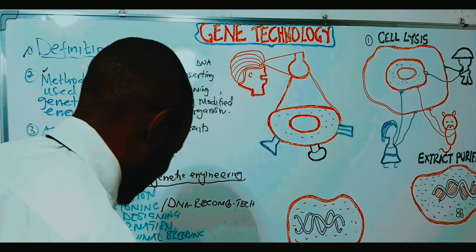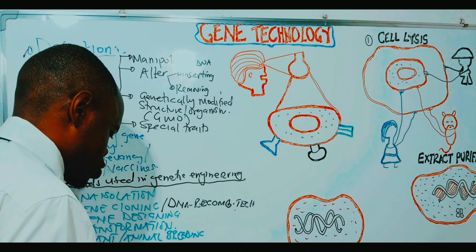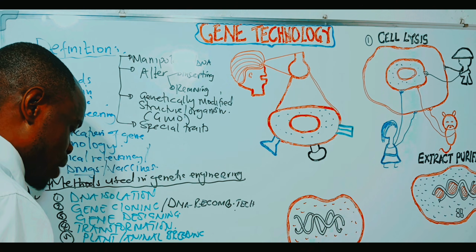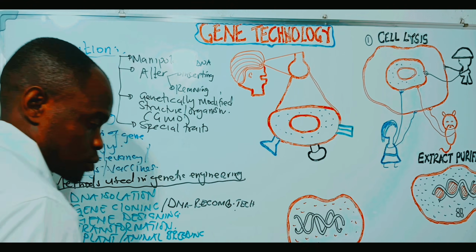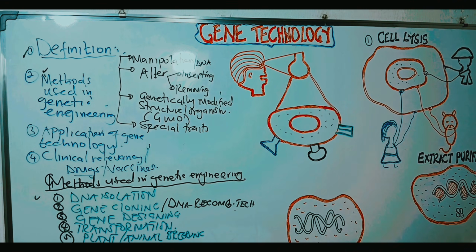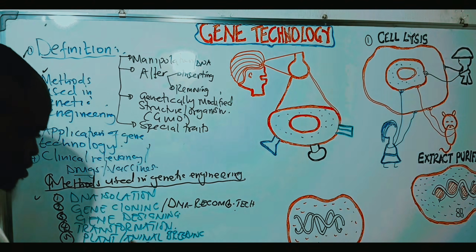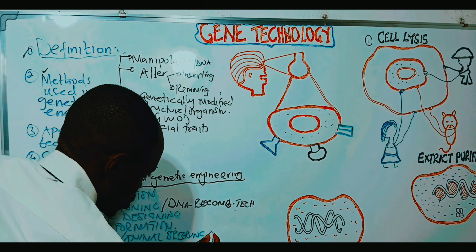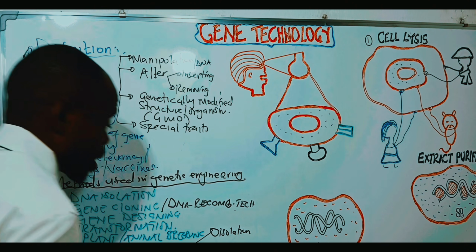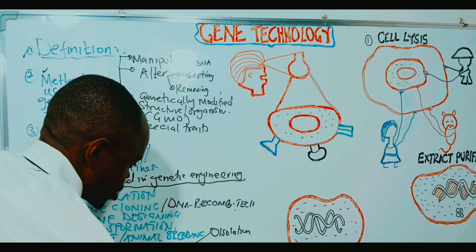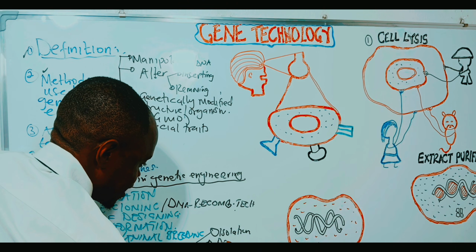Something very interesting here. Let's look at the key areas in the definition. We are trying to isolate. This is what we call isolation. What are we isolating, members? We're isolating the DNA.